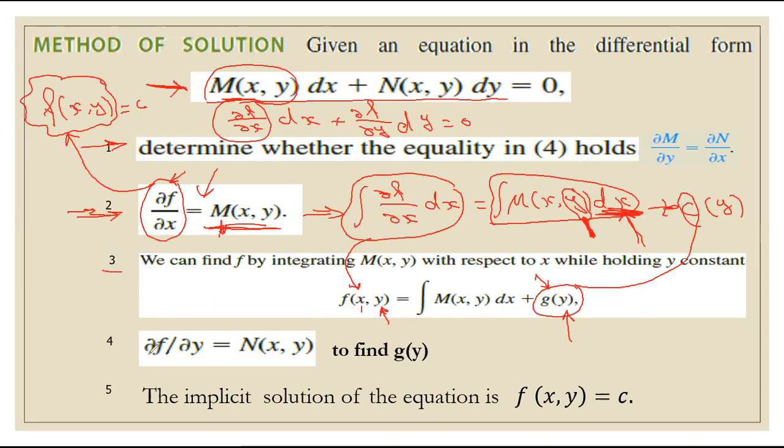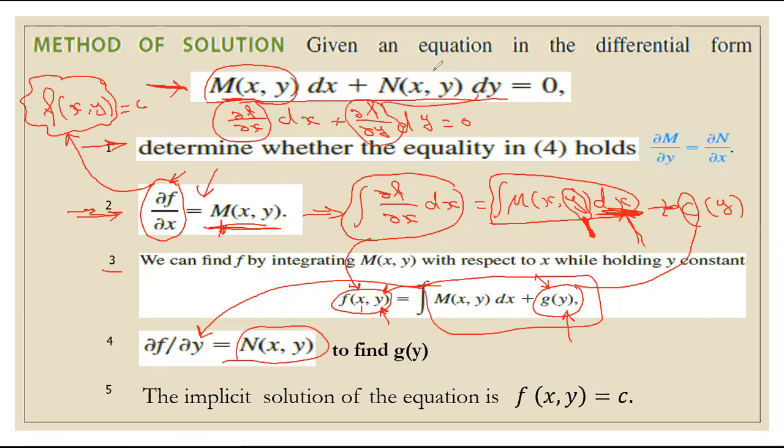The fourth step is to find the derivative of this function, which you found here, with respect to y and let it be n. Because here you have, notice, the partial f by partial y, it is n. Then from this equation, in step 4, I'm going to find g(y) by integrating both sides.